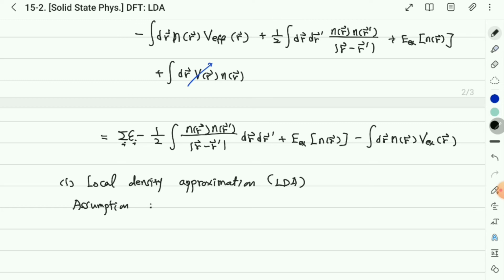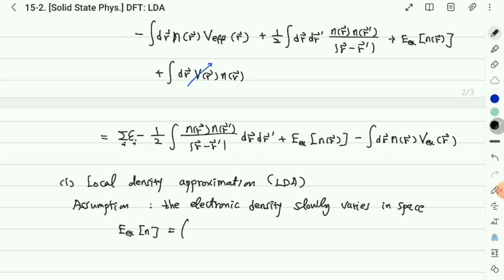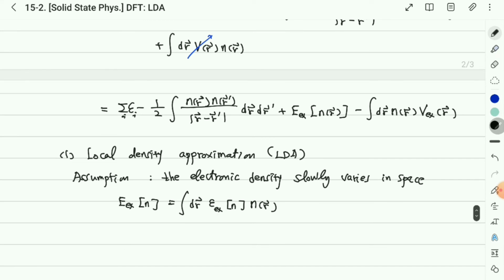The assumption is that the electronic density slowly varies in space. Here the exchange energy comes from the integral over space of the exchange energy E_x[n(r)].